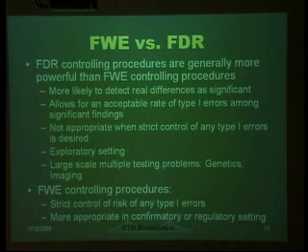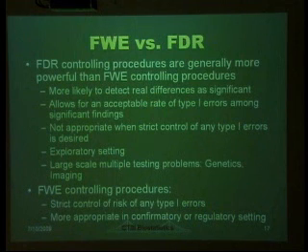In terms of whether you should be using a family-wise error versus a false discovery rate procedure: a false discovery rate controlling procedure is generally more powerful than a family-wise error controlling procedure. It's going to be more likely to detect real differences, or false null hypotheses.